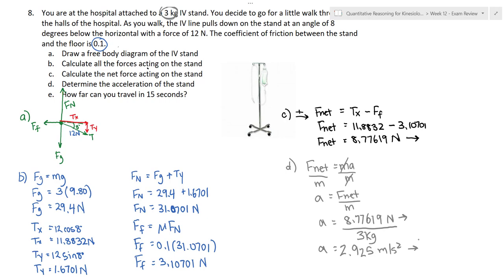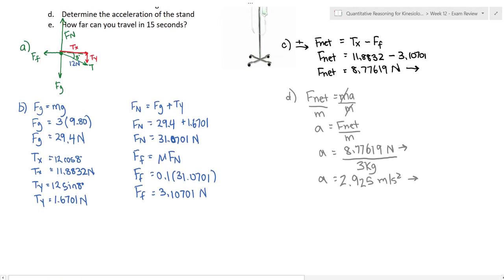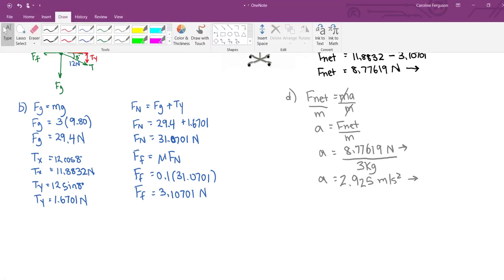The question didn't explicitly say this, but we're going to assume that we started off at rest. We're pulling on the IV stand with the net force that we calculated, which means we're accelerating at 2.925 meters per second squared.